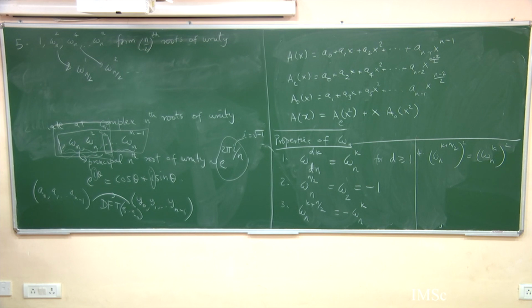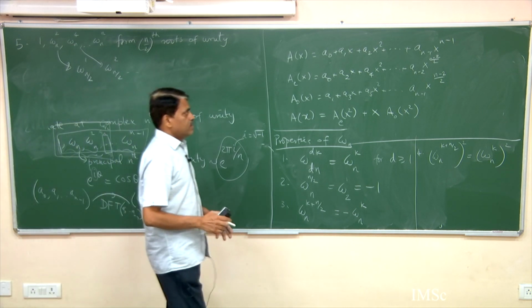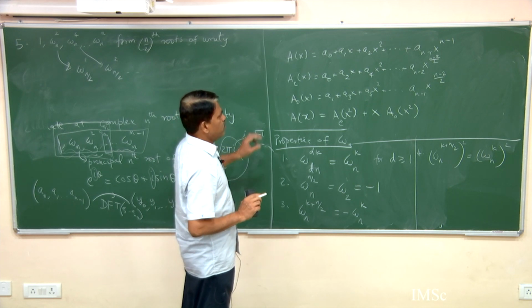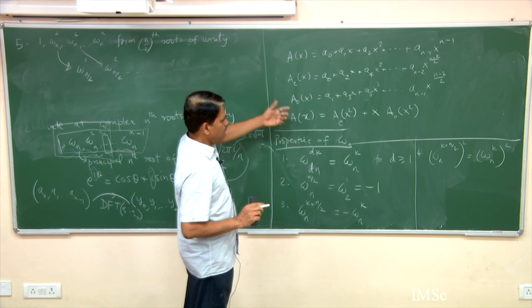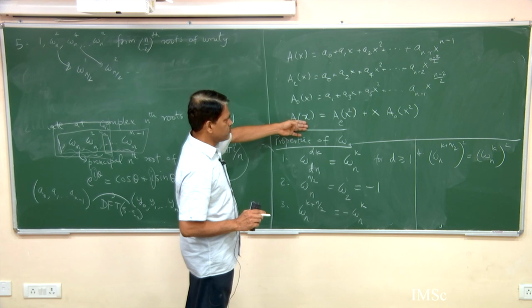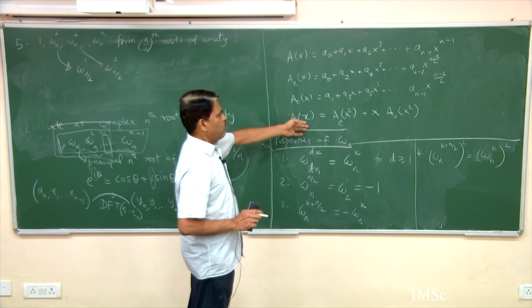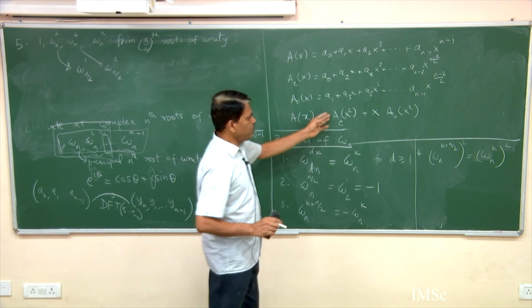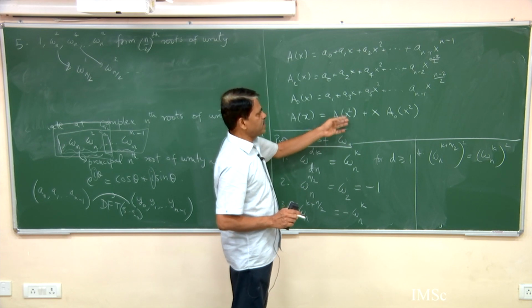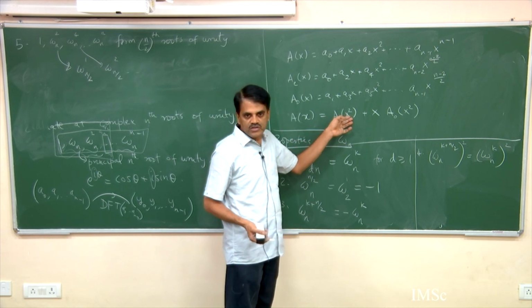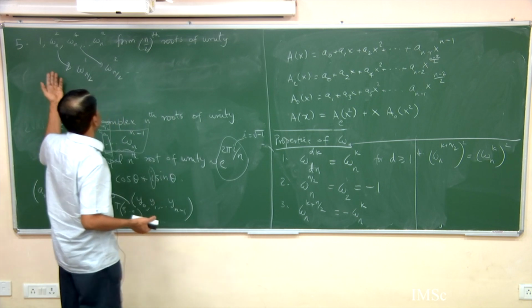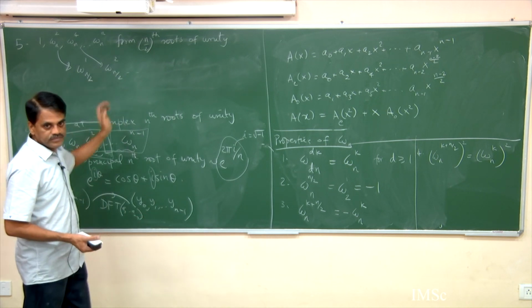Okay, that's it. So now, if I want to evaluate A at n complex nth roots of unity, what you do is evaluate AE at complex n by 2th roots of unity, because the squares of these guys are exactly n by 2th roots of unity.